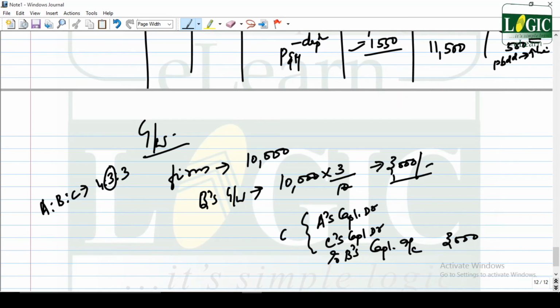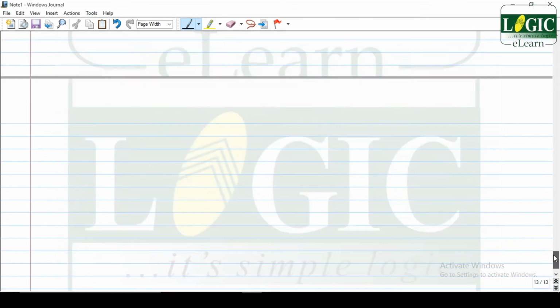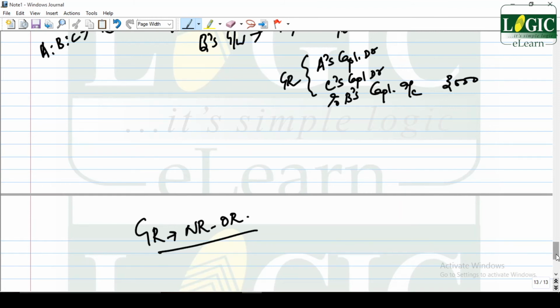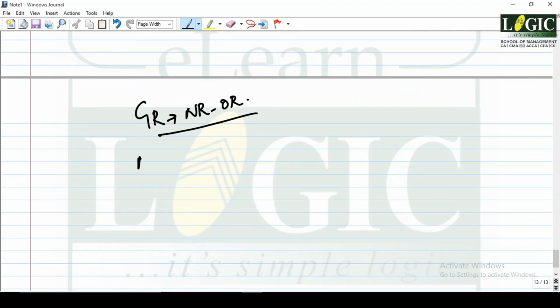Now in which ratio? Gaining ratio. So we will have to see what is gaining ratio. Gaining ratio is nothing other than new ratio minus old ratio. Now what is new ratio?